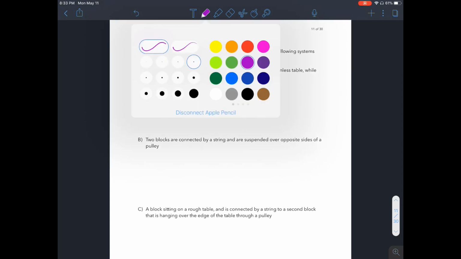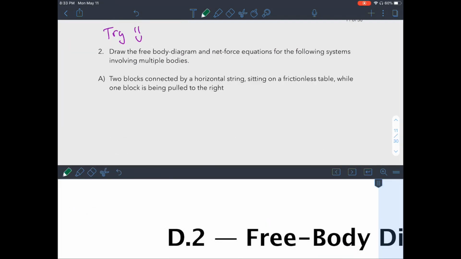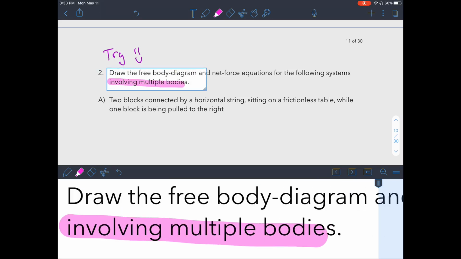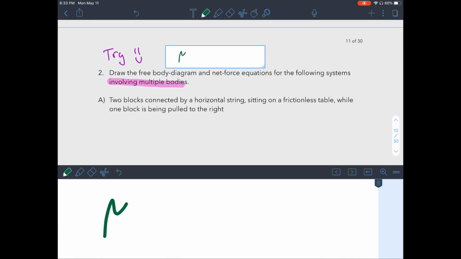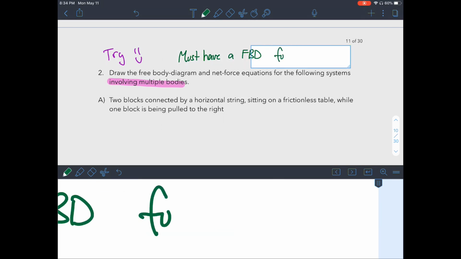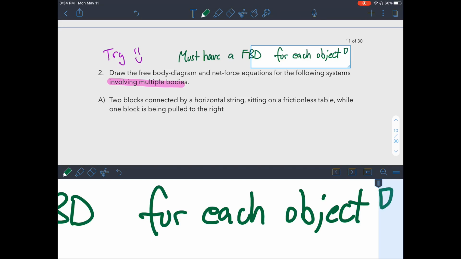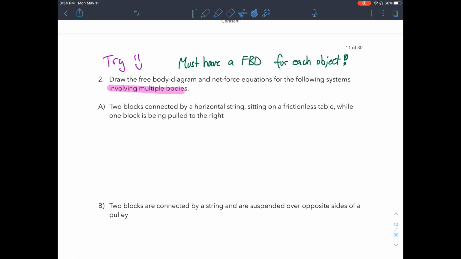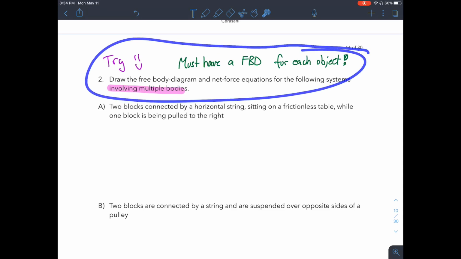The big trick here when it comes to having multiple bodies is that you must have a free body diagram for each object. You can't just do one massive free body diagram and combine the objects. You need a different free body diagram for each object. So I will explain more of this in class together.